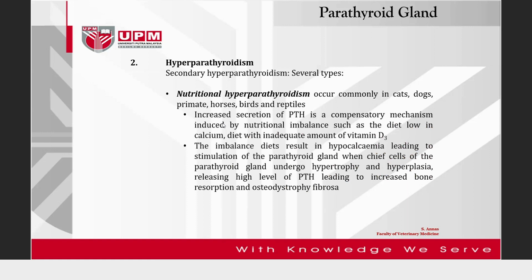Nutritional hyperparathyroidism occurs commonly in cats, dogs, primates, horses, birds, and reptiles, where the hypersecretion of PTH is actually part of a compensatory mechanism induced by nutritional imbalance, such as a diet low in calcium, or low in vitamin D3, which is important for the intestinal absorption of calcium.